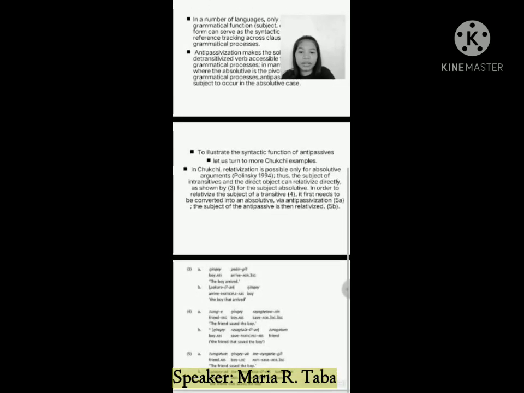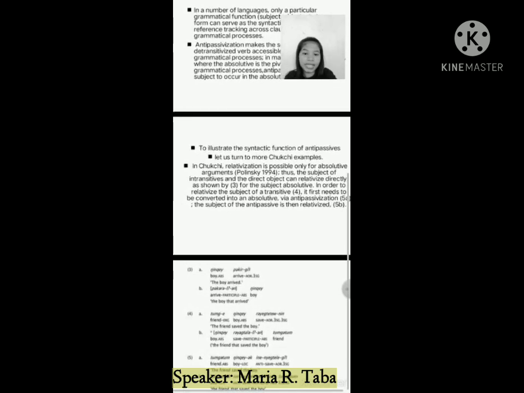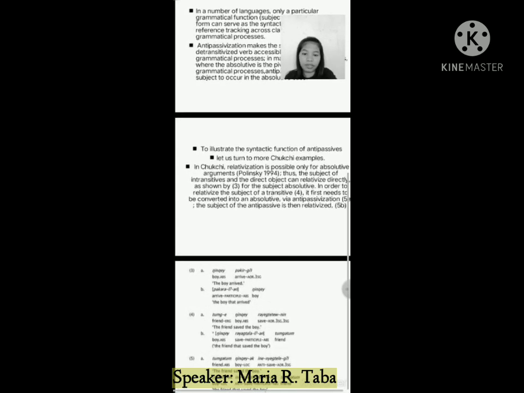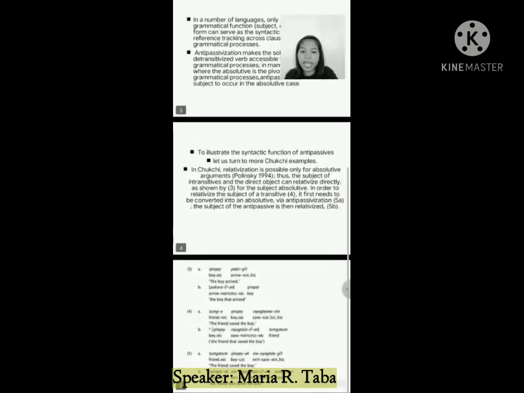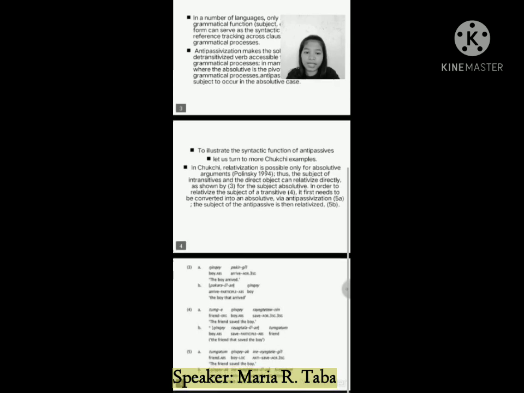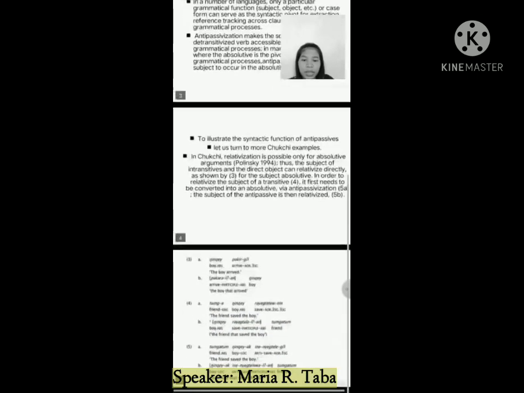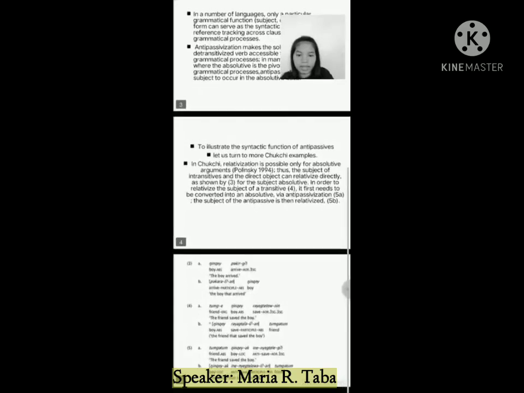In order to relativize the subject of a transitive, as in number 4, it first needs to be converted into an absolutive via antipassivization, like number 5a. The subject of the antipassive is then relativized, like number 5b. You can see it on the slide like this.